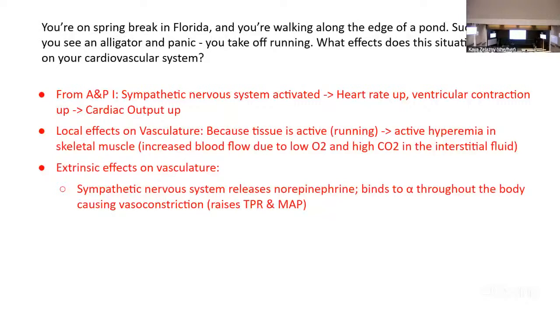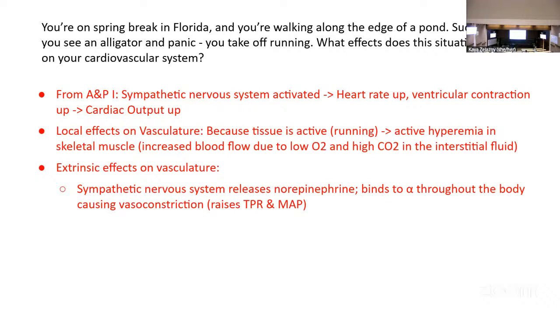When that happens, we get vasoconstriction. So that's going to be true for our arterioles, as well as smooth muscle surrounding the veins, creating that change to venomotor tone that we just talked about. So when we have this change to our arterioles, we talked about that relationship with total peripheral resistance. Right?